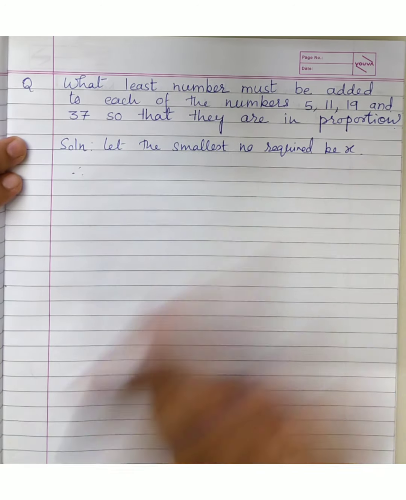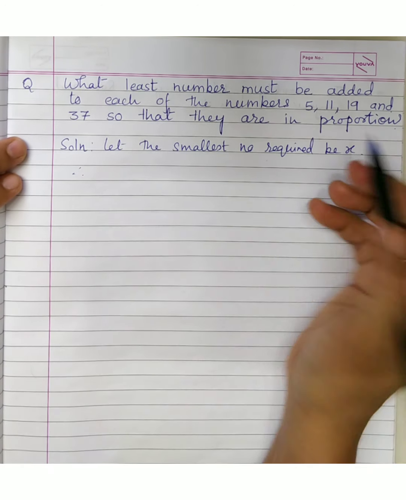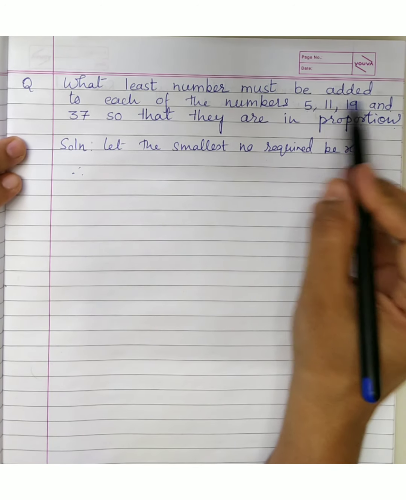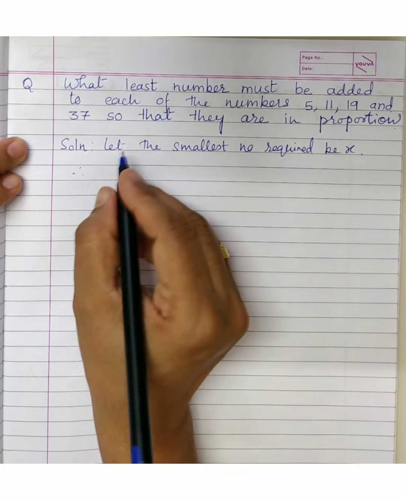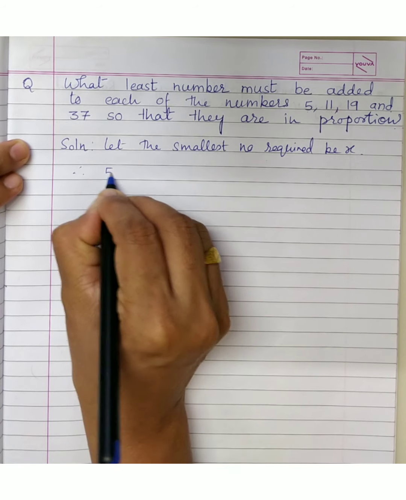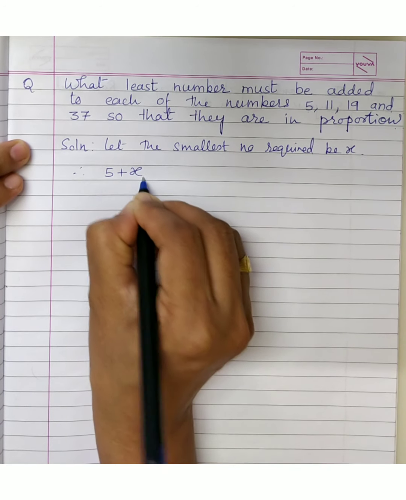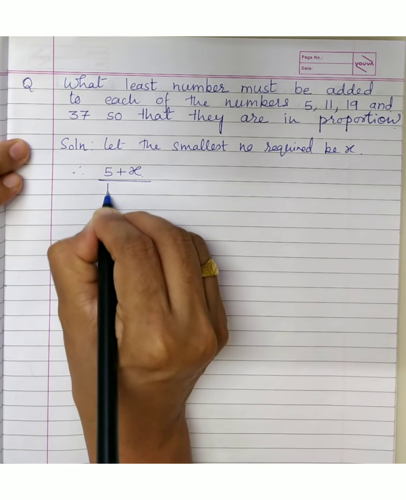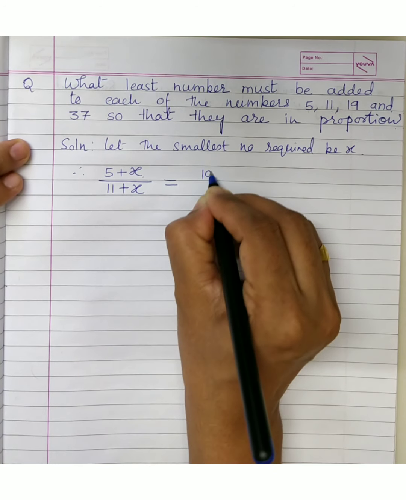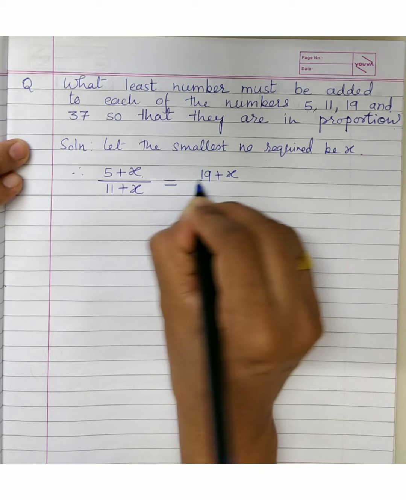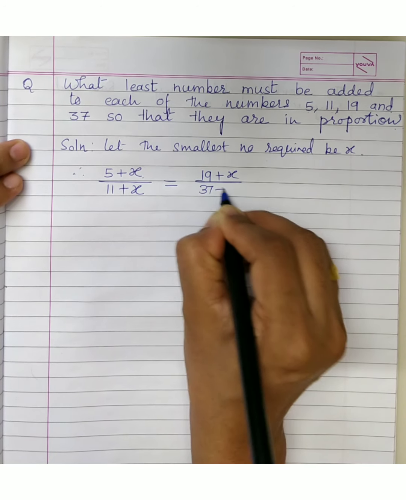When it is added to all these four numbers, what will be the numbers? 5 plus x, 11 plus x, 19 plus x and 37 plus x. They are in proportion. So directly I will write here 5 plus x upon 11 plus x is equal to 19 plus x upon 37 plus x.